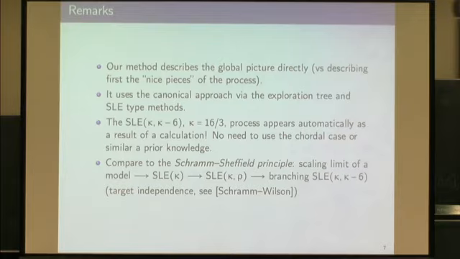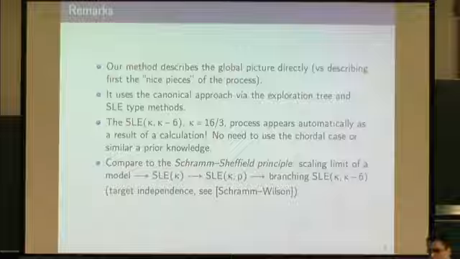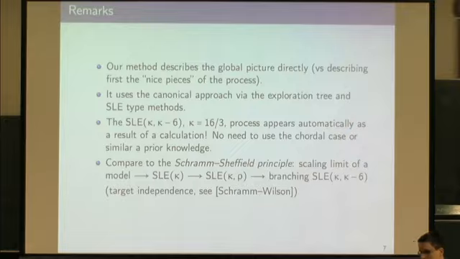We describe the full thing directly, not by cutting and pasting some nice pieces together, but we can work with all the infinities in this business. So there might be some really tiny loops and so on. That doesn't matter to us. And this is a canonical approach. So we use this exploration tree and these SLE type methods also directly.